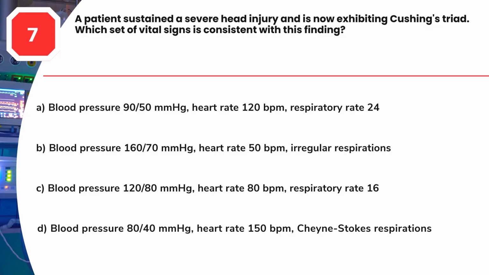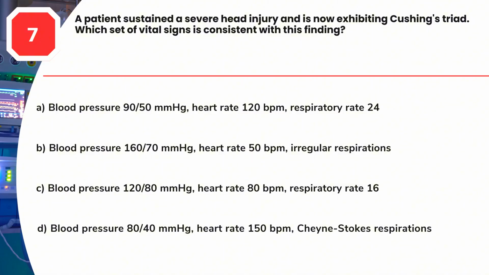Question 7. A patient sustained a severe head injury and is now exhibiting Cushing's triad. Which set of vital signs is consistent with this finding? A. Blood pressure 90/50 mmHg, heart rate 120 bpm, respiratory rate 24.